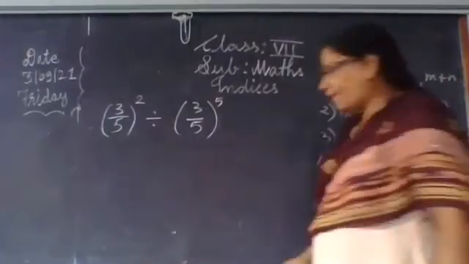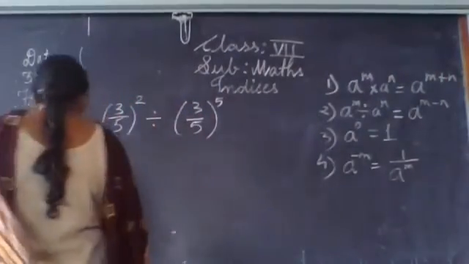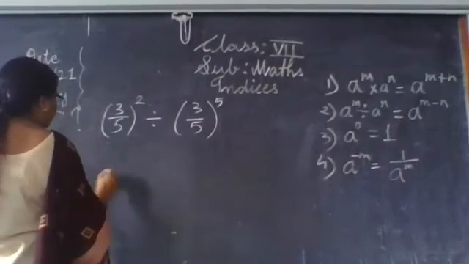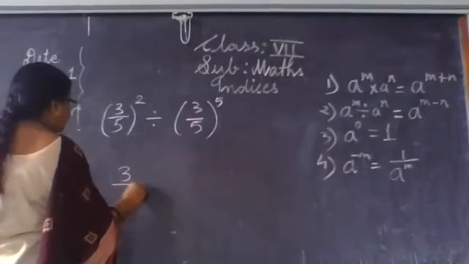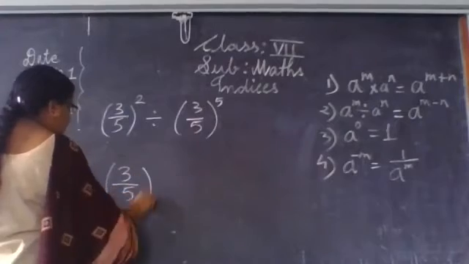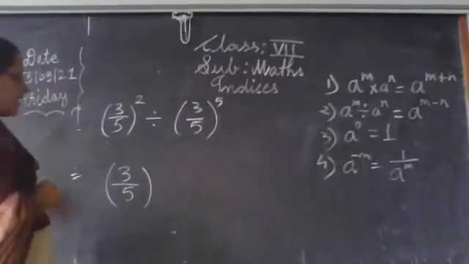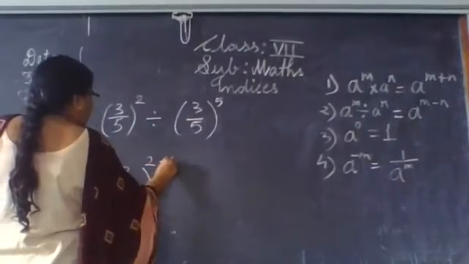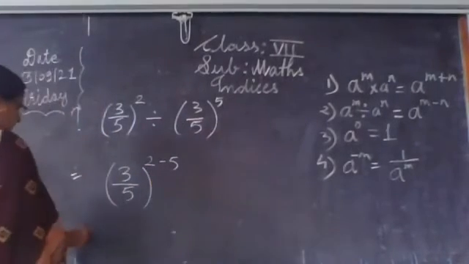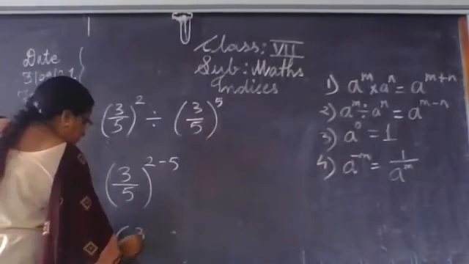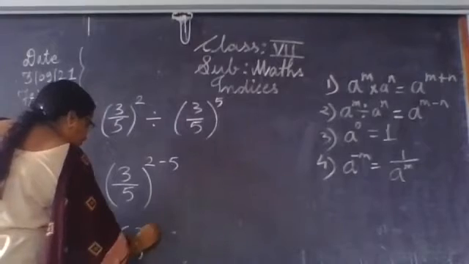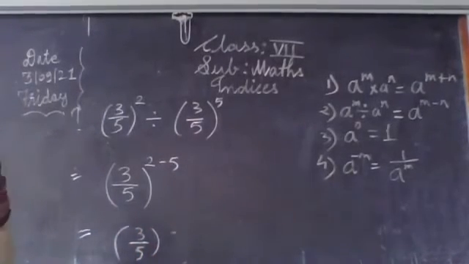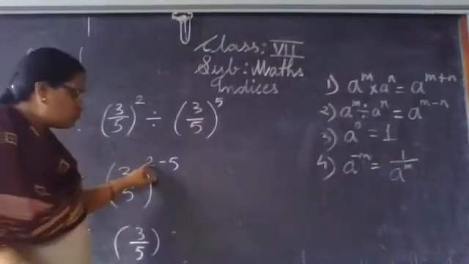So let's do. Okay. So we will write the base only once and we'll subtract their powers. Means 2 minus 5. Yes, write 3 upon 5. What is the answer of 2 minus 5?